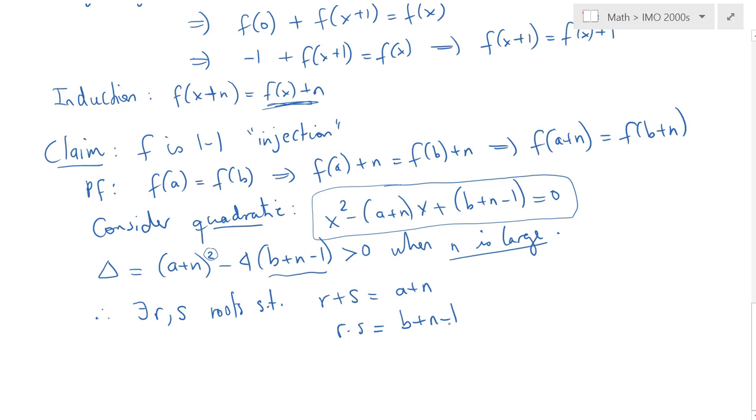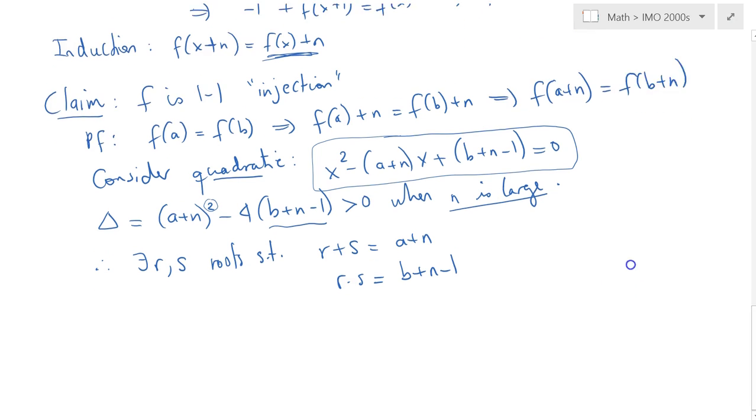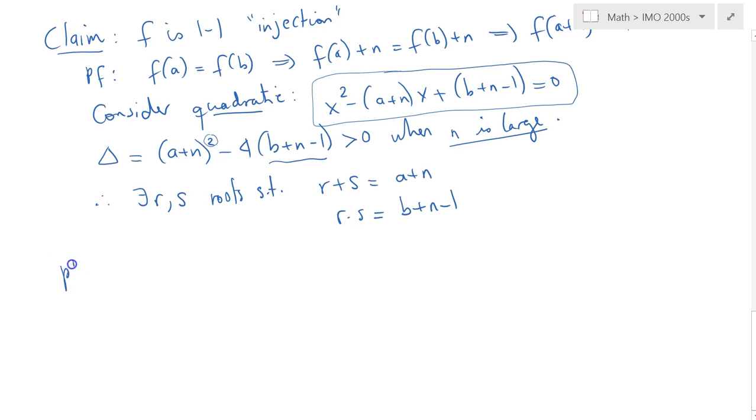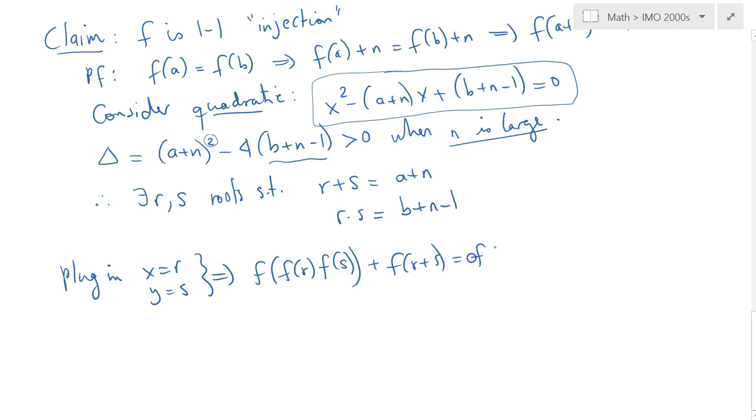At this stage, let's go back to our functional equation and plug in x equals r and y equals s. That would give us f of r times f of s plus f of r plus s equals f of r times s. Let's keep the first expression intact.